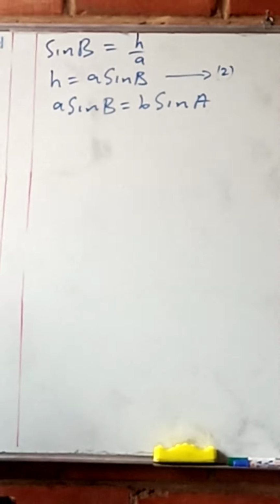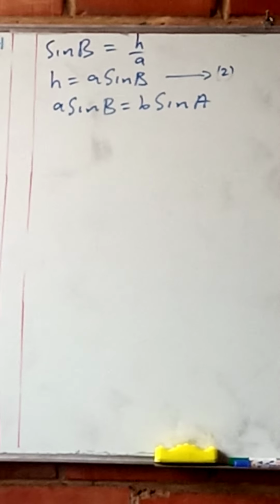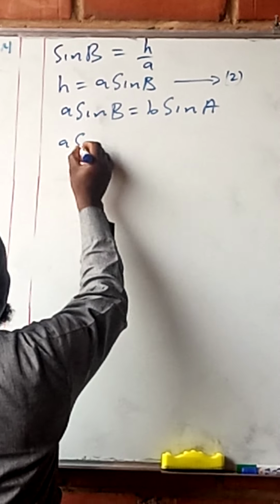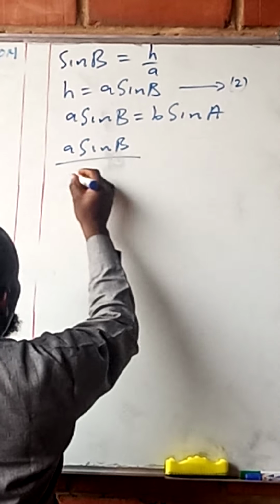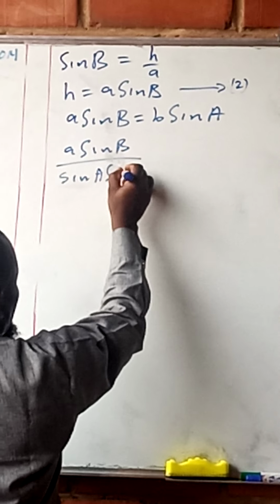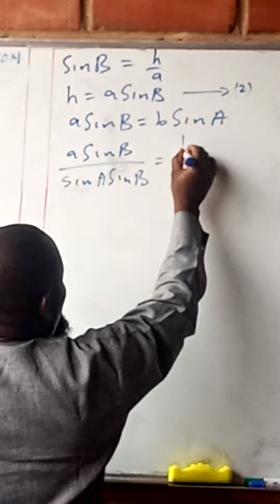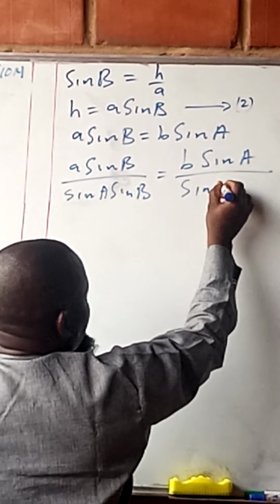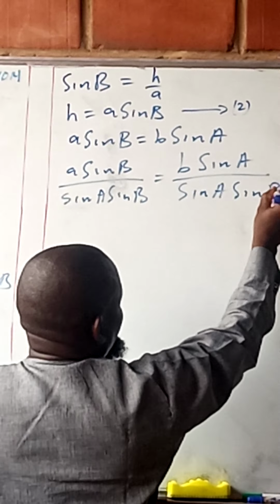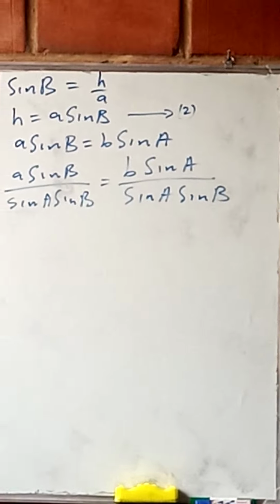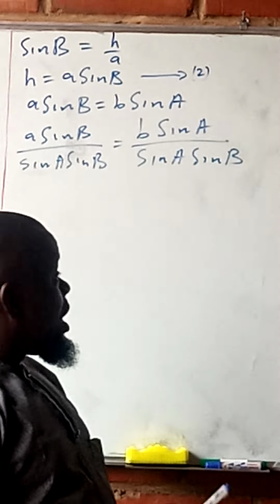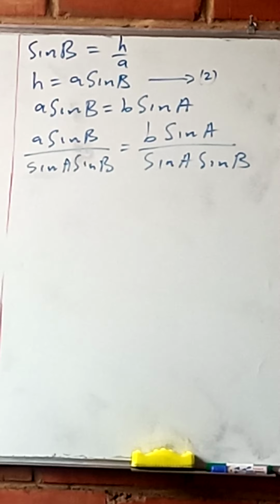In order to get where you are going, divide both sides by sine A sine B. So you have a sine B over sine A sine B equal to b sine A over sine A sine B. If you look at it, from the left hand side your sine B will cut, while from your right hand side your sine A will go.